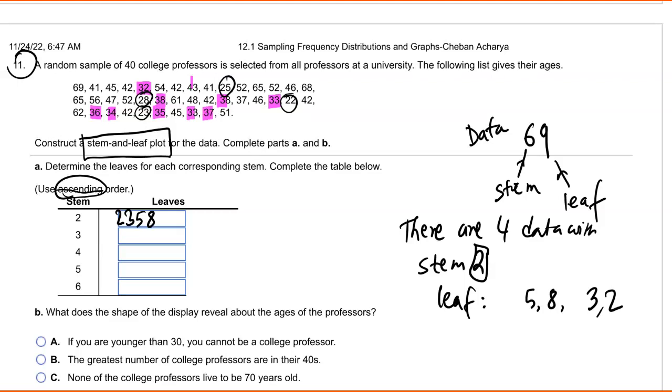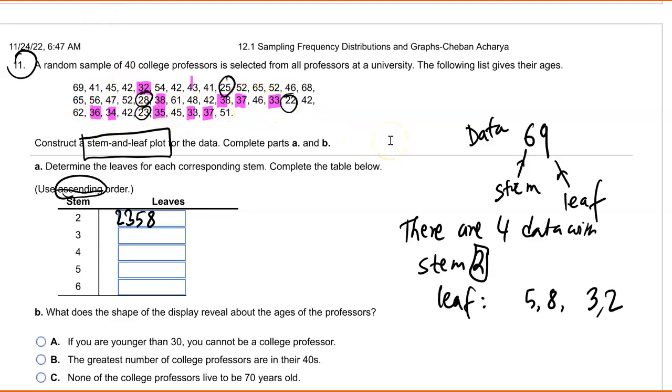Let's see how many. Anybody miss any one of those? Let me see. 1, 2, 3, 4, 5, 6, 7, 8, 9. Okay. No, I'm sorry, I missed 37. We still have 10. 1, 2, 3, 4, 5, 6, 7, 8, 9, 10.